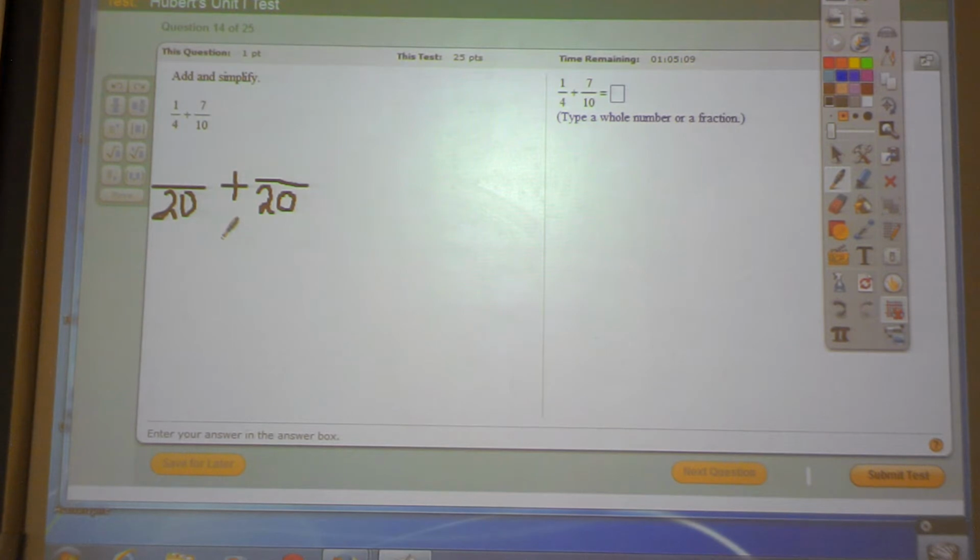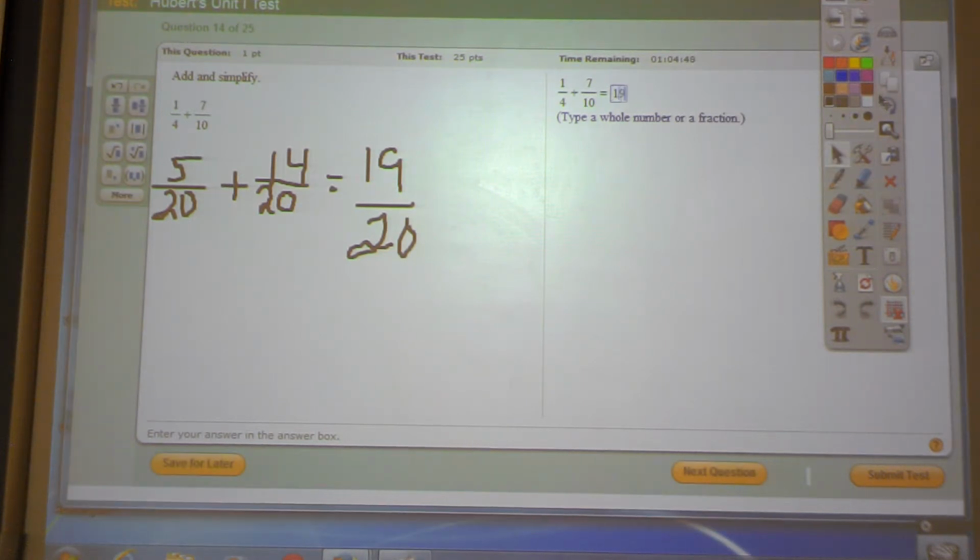Four will go into 20 how many times? 5 times 1. 10 will go into 20 2 times 7 is 14, and the answer is 19 over 20. Next.